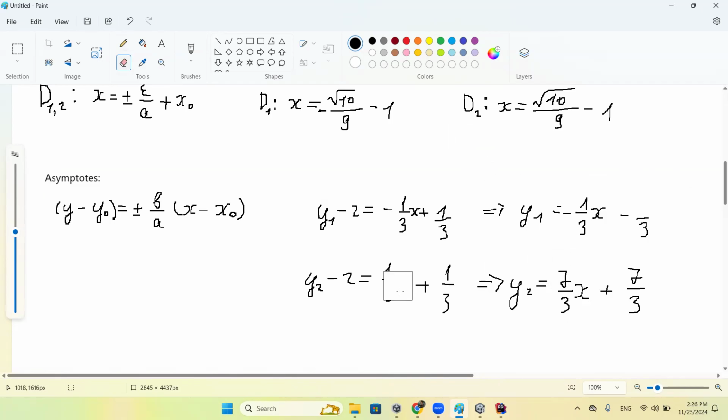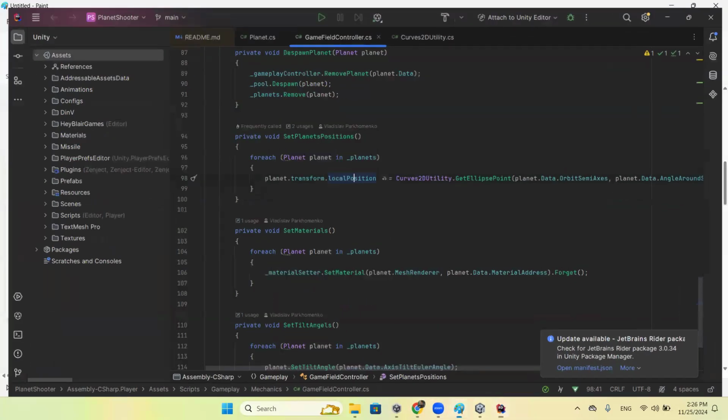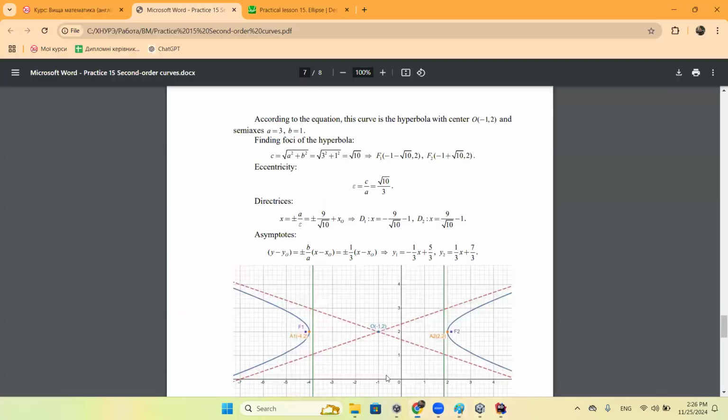Yeah, I added a 3 coefficient to the linear addend. That's why such an interesting result. Just a mistake. Now everything is okay.